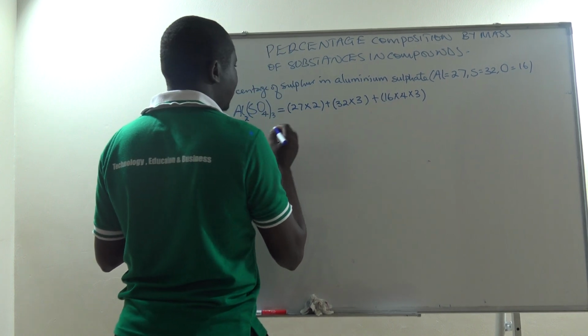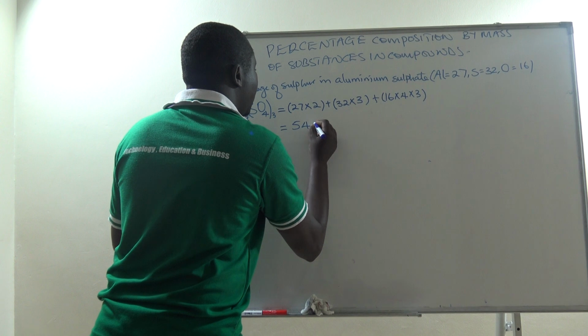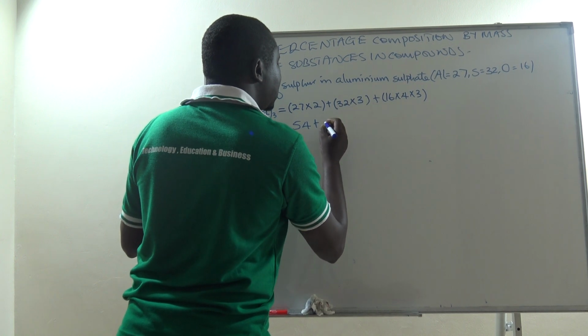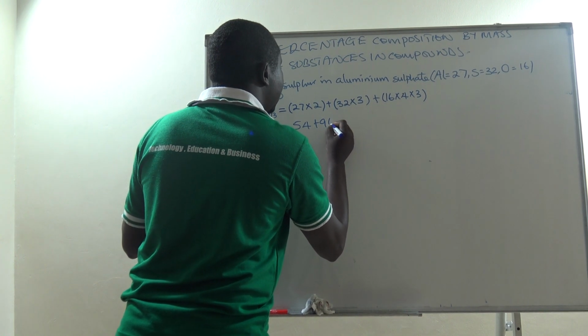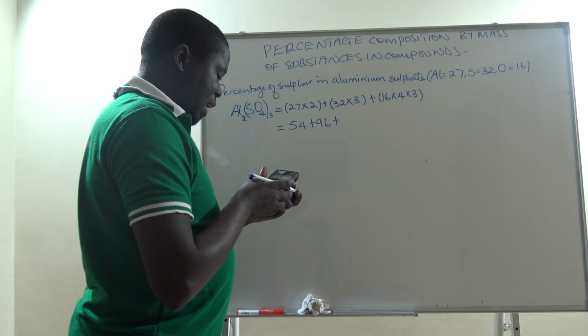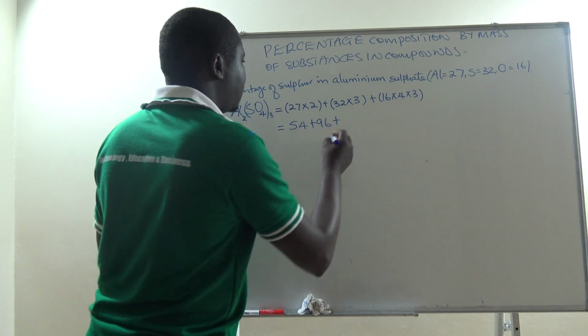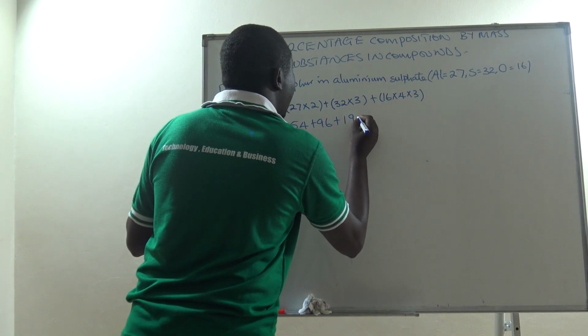So let us try to get this. 27 times 2 gives us 54 plus 32 times 3 gives us 96 plus 16 times 4 times 3, giving us a total of 192.